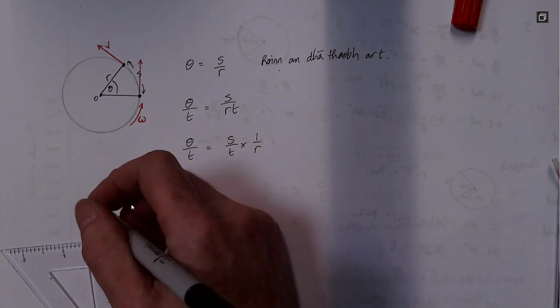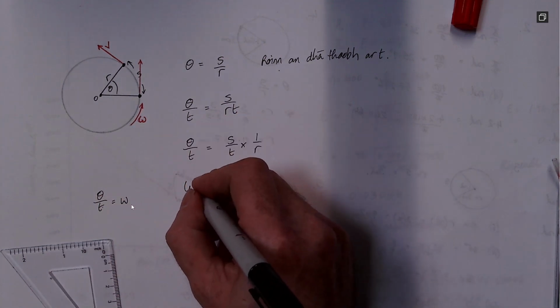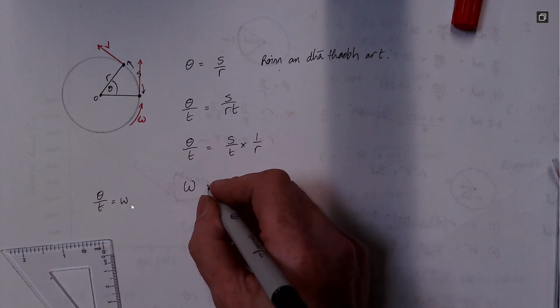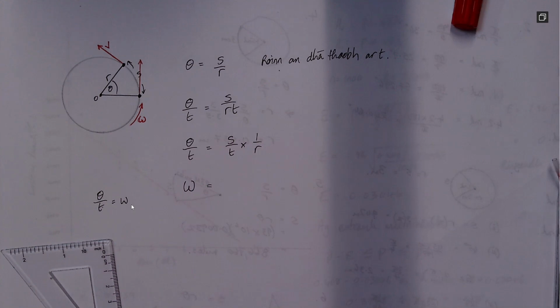Angle traced out over time is omega, so we swap in omega: omega equals S over T times 1 over R.